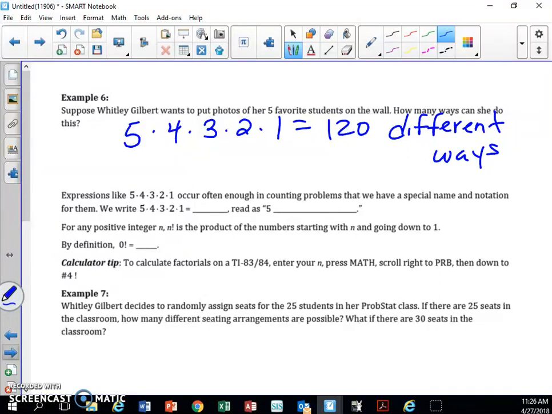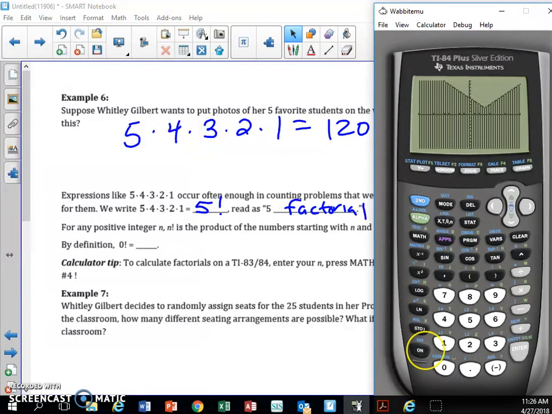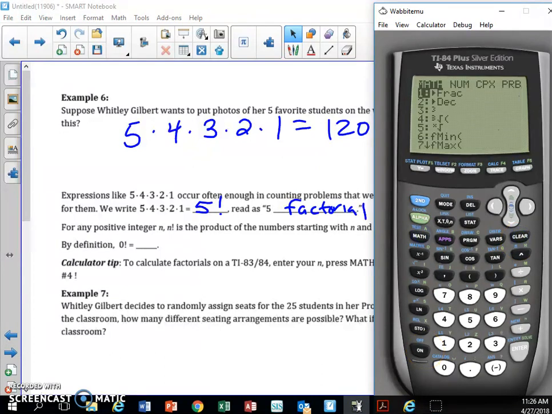So expressions like 5 times 4 times 3 times 2 times 1, we write as 5 factorial. Hopefully you remember this from Algebra 2. So if you look in your calculators, if you press math and then slide over to probability, option 4 is your factorial.